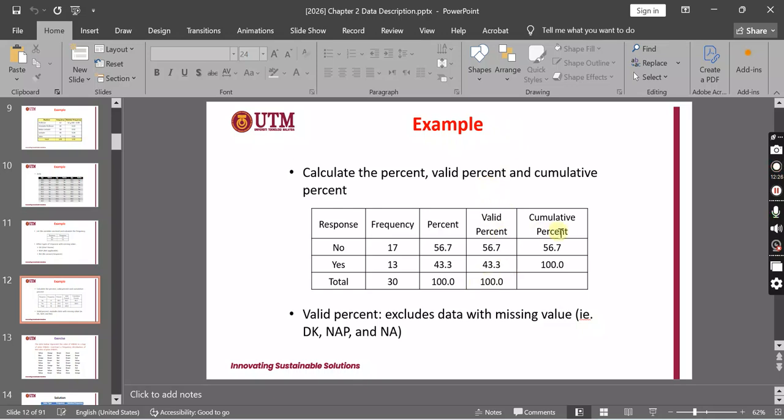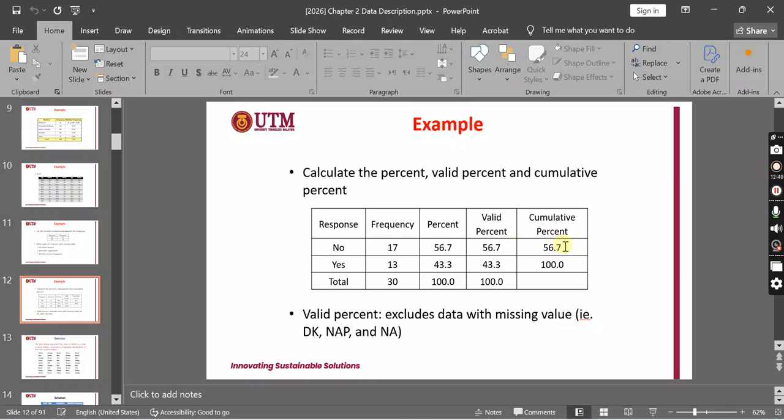Cumulative percent: how can we find it? The first cumulative percent will always be the first value of percent, which is 56.7. So you put the same number in the first place.